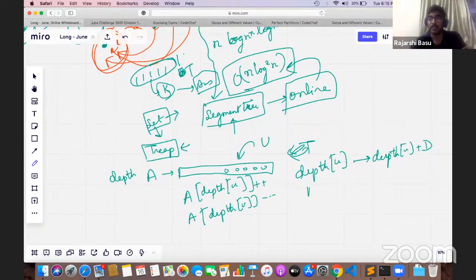So this is the range that you want to query in. That will just correspond to this range. And whatever is the range sum here, that is your number of representative elements with depth inside this range. Hopefully this makes sense.